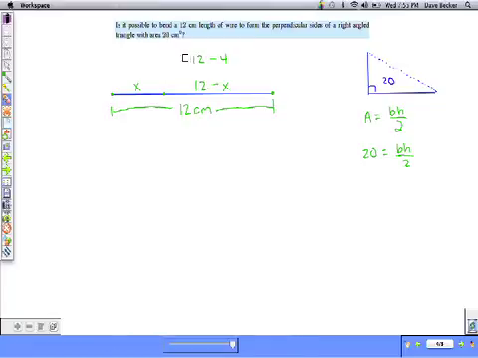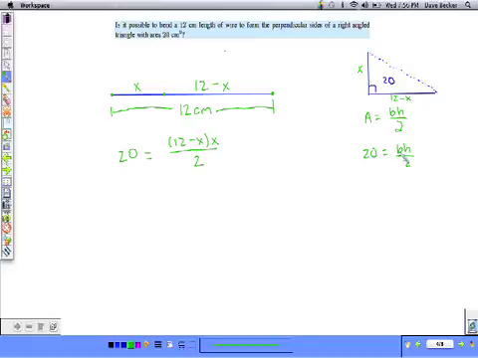So that is a common way to use a variable when it's involved with one length. If you let part of it be x, then the other part is 12 minus x, or whatever the length may be. So if I bend this, then that would make this x, my height, and my base 12 minus x. Okay. Well, now I'm going to move this over here to give myself a little more room. 20 equals the base, so that would be 12 minus x, times the height, x, all divided by 2.